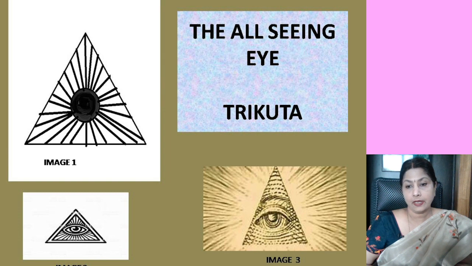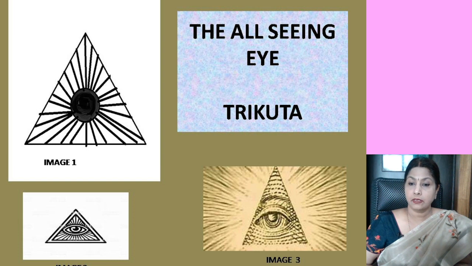The other symbol I would like to discuss in this video is the all-seeing eye, or the Trikuta. In earlier days, this mystical symbol represented that God was watching over the entire universe. The eye in the center of the triangle is God's eye, and it meant that he was watching over everybody.